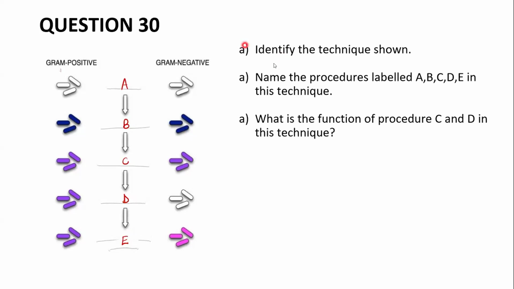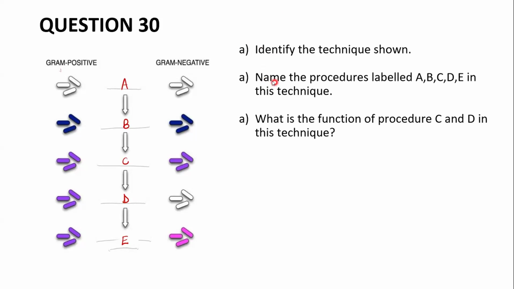Iodine, so that's C. Yes, C is iodine. Then D, what is D? Decolorization, yes. And then E is the last stain we use there. What do you use for E? Counter stain, very good. Now, let me explain. And please try as much as possible to understand, because they'll ask you.